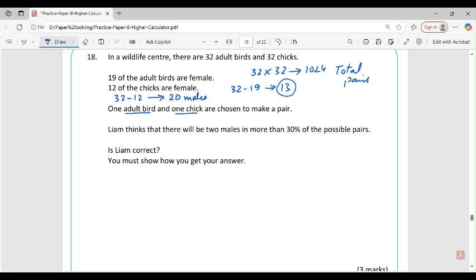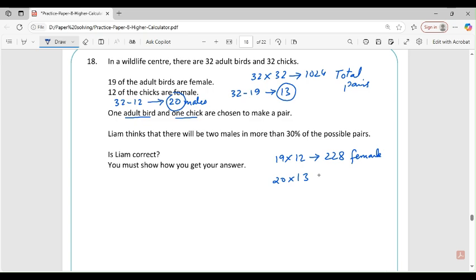So this is how we can pair them up. We know that 19 times 12 gives us 228 female pairs. And 20 times 13 is 260 male pairs.